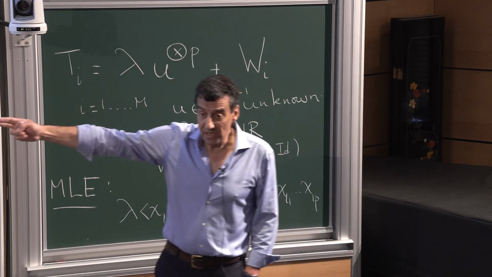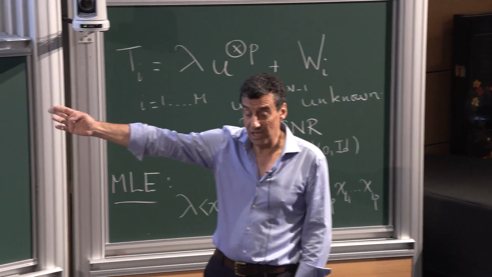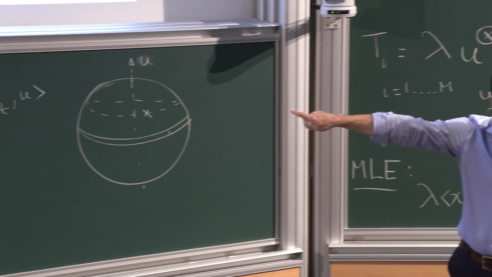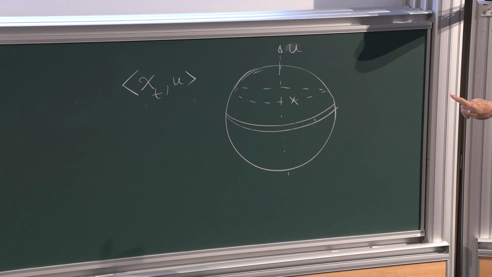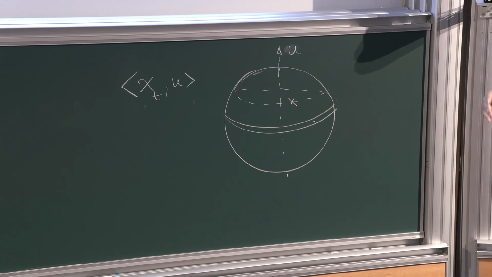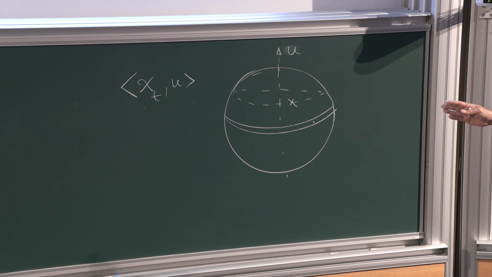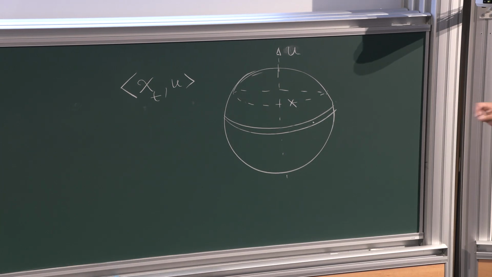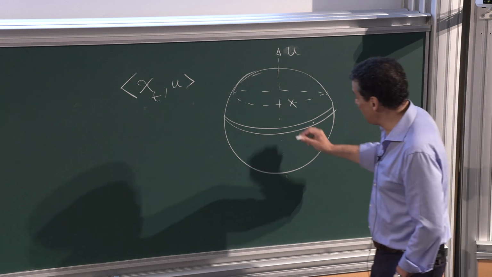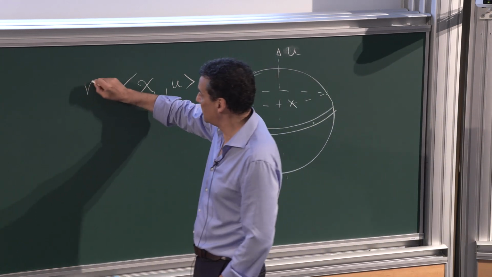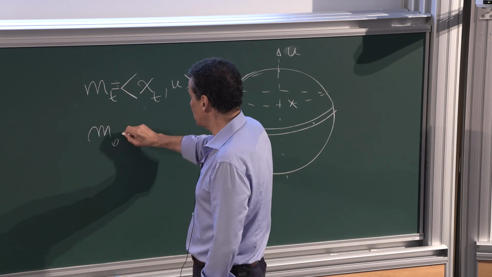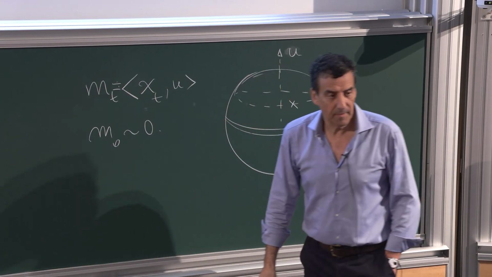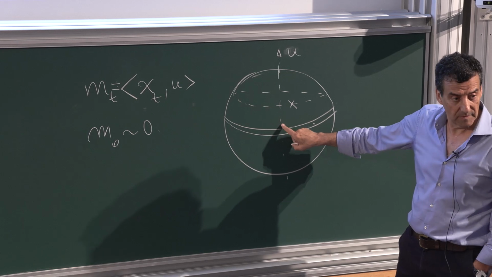So the dynamics of this, which is a priori in very high dimension, xt is in very high dimension, this one-dimensional projection is essentially autonomous, right? Not really. There is a little remainder that you have to control, but this satisfies an ODE. And so this ODE, when you are in dimension 1, let's call it mt, when you start at time 0, this is roughly 0, right? Because you start at the equator.